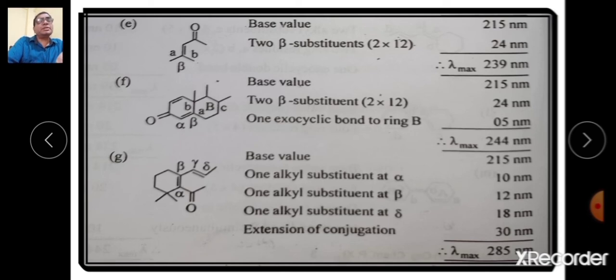Now in example G, the system is here, and extended conjugation is also there. We are going to see the base value is 215 nanometer. One alkyl substitution at alpha, therefore add 10. One alkyl substitution at beta, add 12.